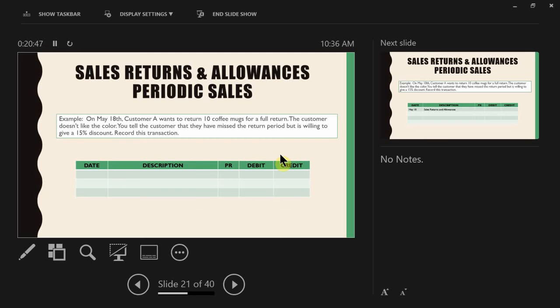On May 18, customer A wants to return 10 of those coffee mugs for a full refund, but of course they missed the return policy date because they missed the 15-day window for returning it. They start complaining and say they just want their full refund. They don't care. They're causing commotion, and they're getting even more angry about your services.